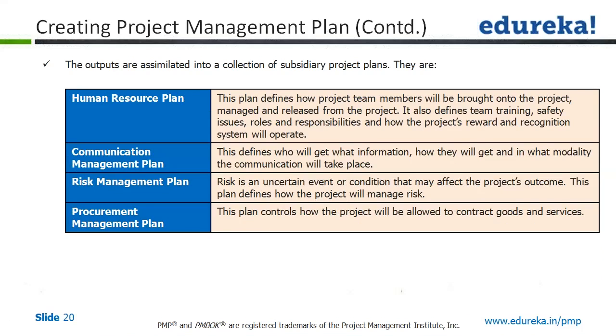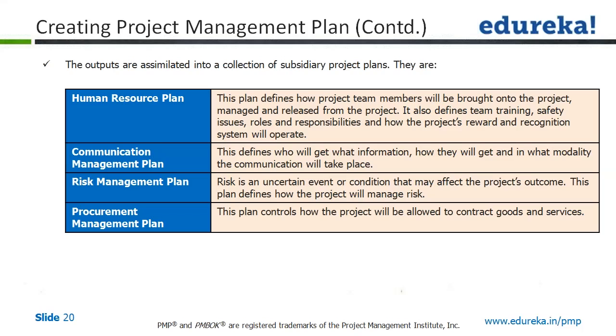Human resource plan very clearly helps us define how we are going to bring the project members into the project. How will we take care of their training needs, their roles and responsibilities, their rewards and recognition? Communication plan would very clearly define how the communication is going to be done with the various stakeholders.